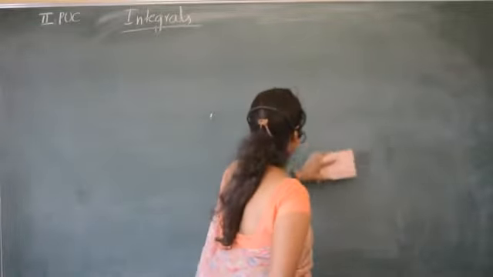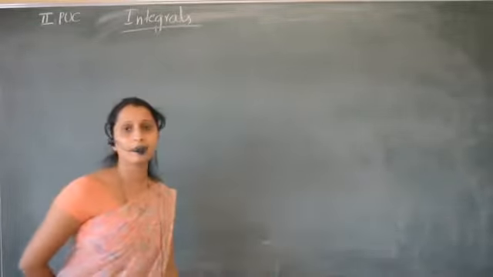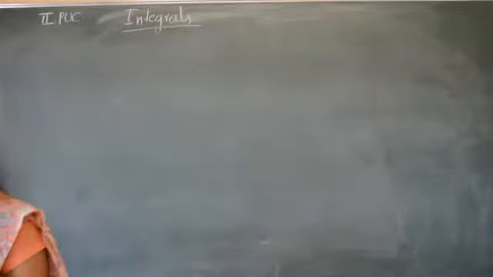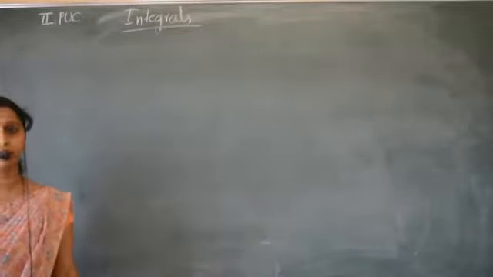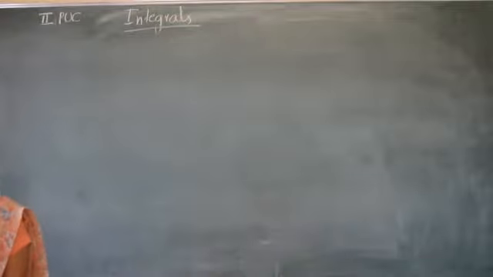Next property. We know that the derivative of a constant times a function can be written as the constant times the derivative of the function. Similarly, we can write the integral also.